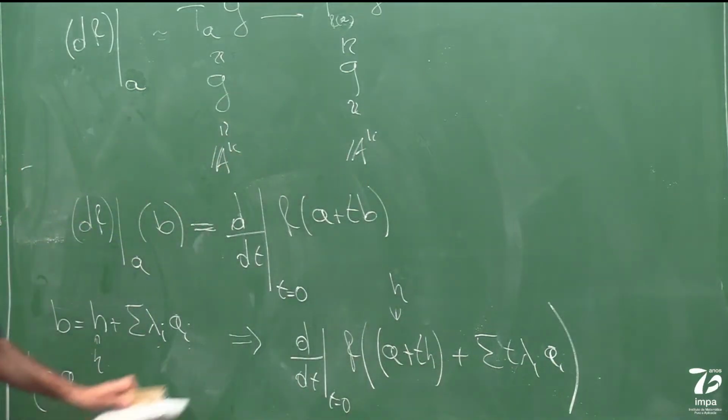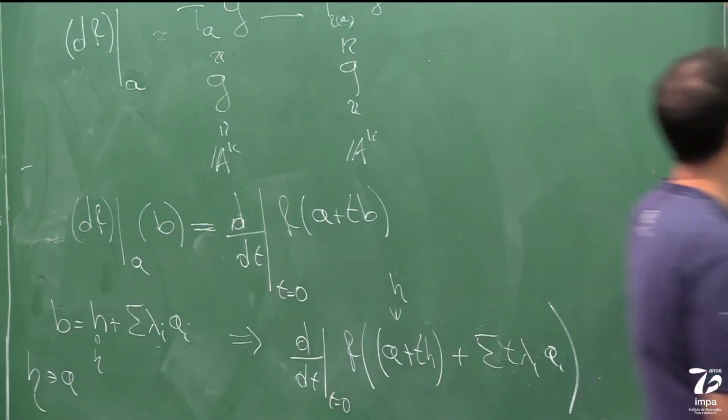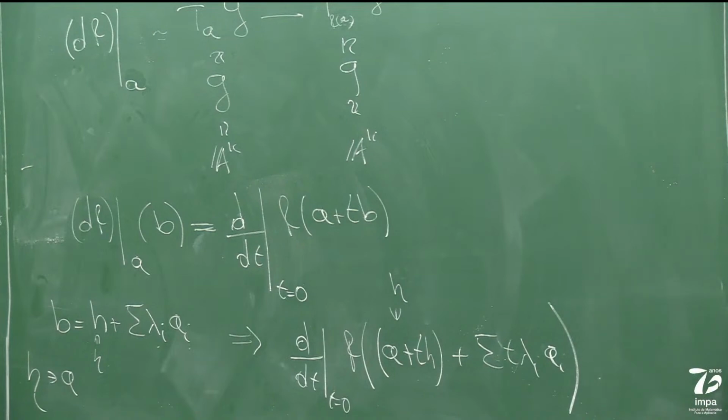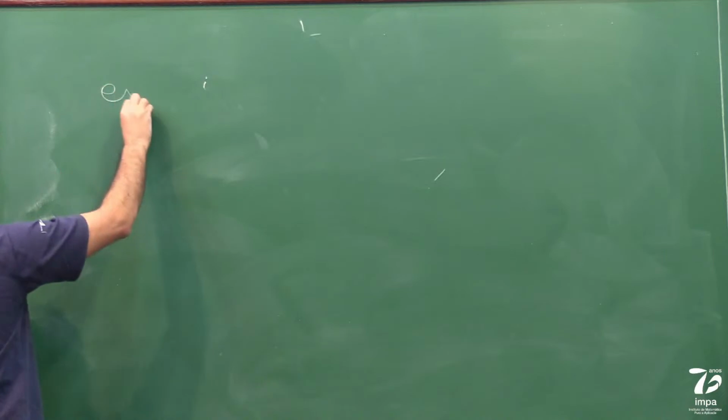And then I look at my definition of f. My f was very explicit. It was a polynomial map, given like this. So it's something evaluated at A plus tH. And what am I evaluating?